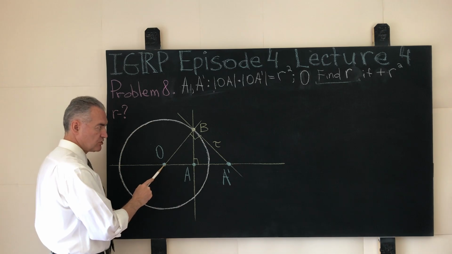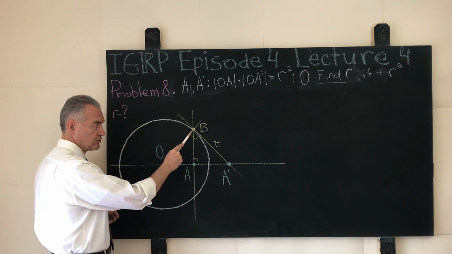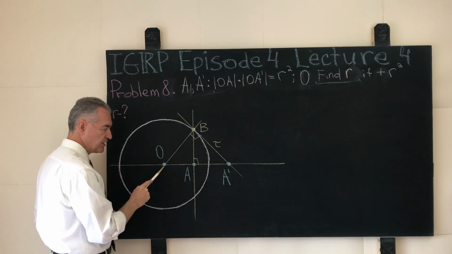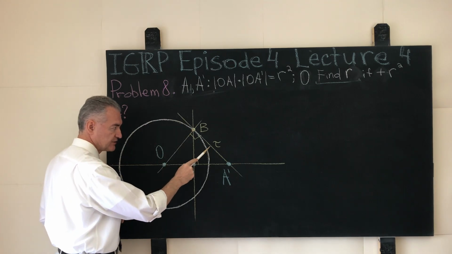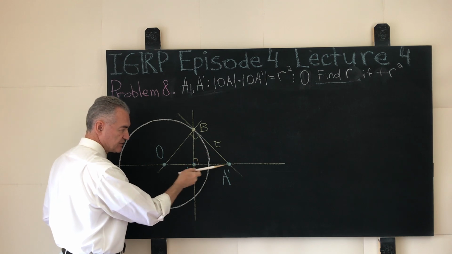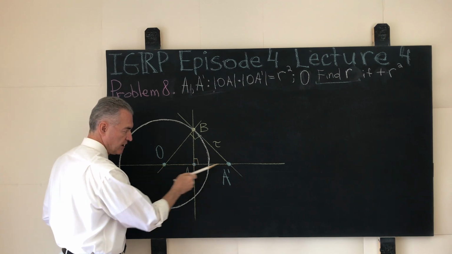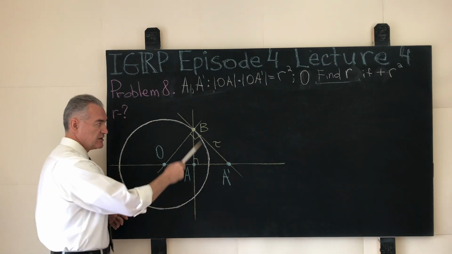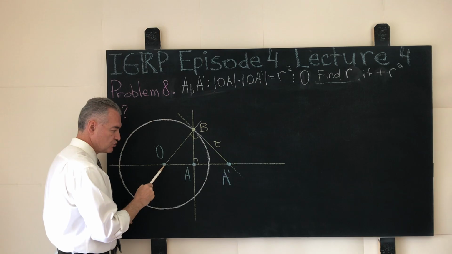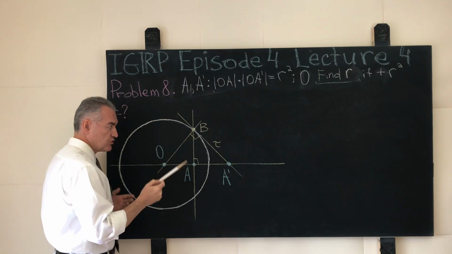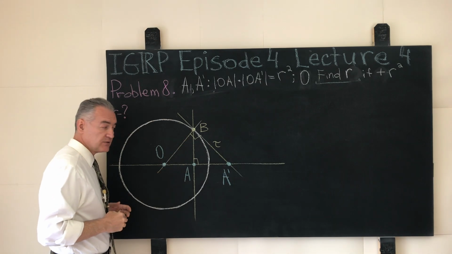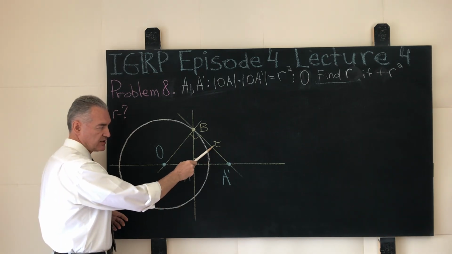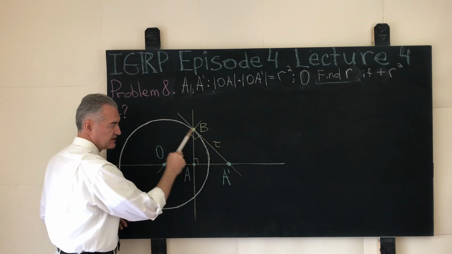We connected the center of inversion with that intersection point B, and then we snapped a straight line through B perpendicular to OB until this straight line intersected the straight line OA at the point sought after. That was our basic algorithm, and this straight line that is perpendicular to OB turned out to be a tangent to the circle of inversion that I designated with tau. This straight line is a tangent.